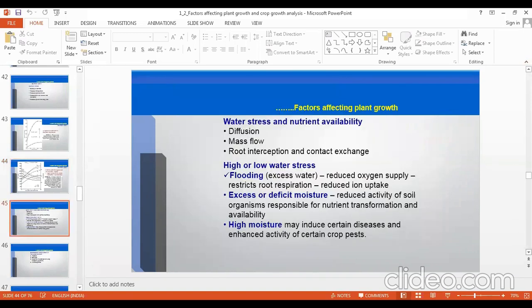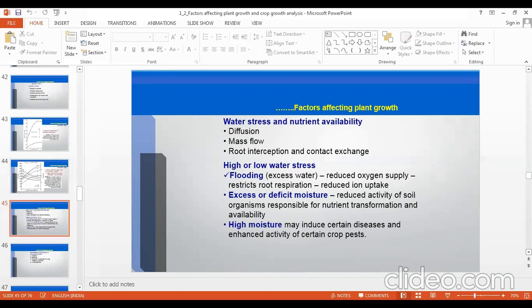Now, why is water important for nutrient availability? You know, diffusion, mass flow, root interception, contact exchange, water has a role. If there is no water, then nutrient availability will be reduced. High or low water stress can be there, as I already told you. Flooding, excess water. What happens? Reduced oxygen supply and reduced root growth. So uptake of even water is affected.